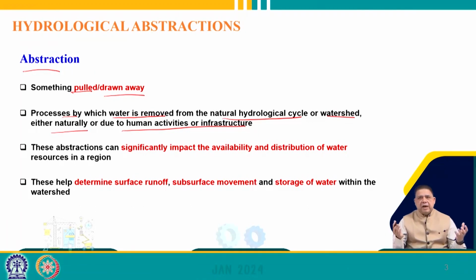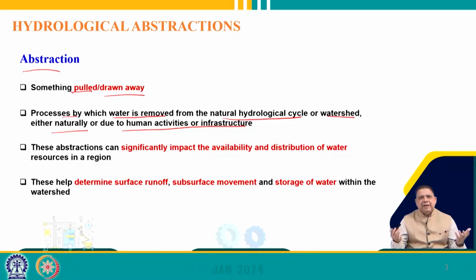I will just ask you to recall the hydrological cycle. When water reaches the atmosphere, cloud formation occurs, condensation occurs, precipitation occurs, and once precipitation falls, before reaching the ground surface, it is being intercepted by plants or buildings or any abstract object.